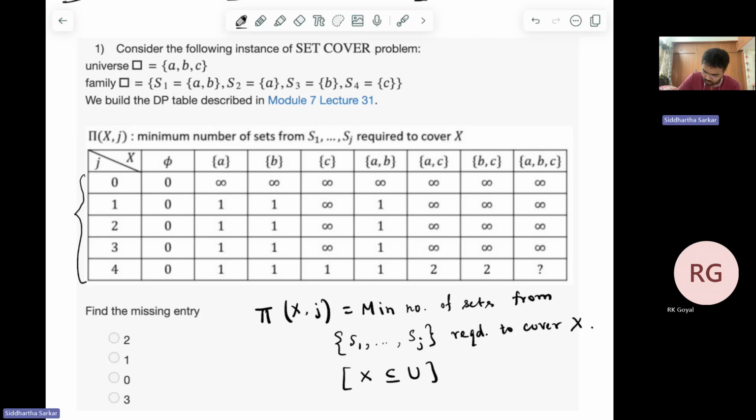Yes, this is nothing but the minimum set cover. Now one can do all this dynamic programming business, or one can simply be clever and ask how many sets are sufficient to cover the universe.